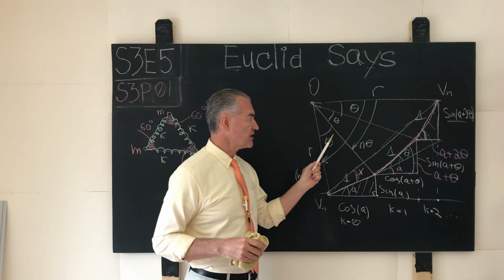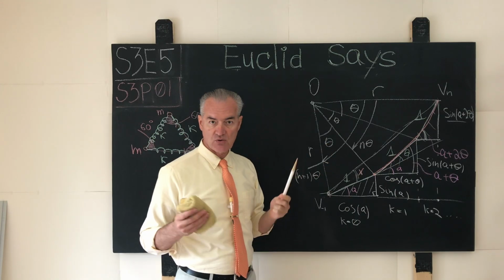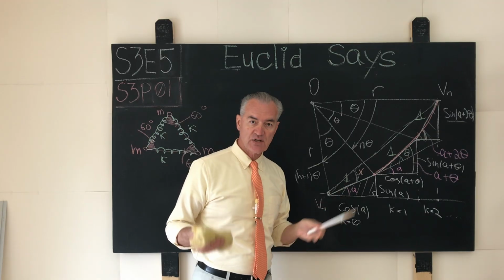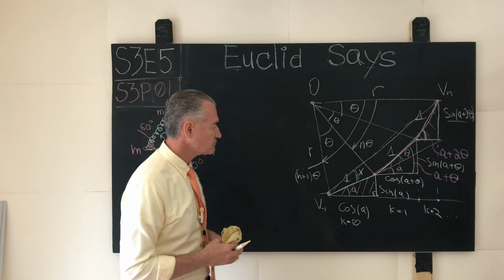This is theta. Theta, theta, theta. This is where we need this lemma 1. So I'm not sure if I didn't mention it. I apologize, but this is where we need this lemma.